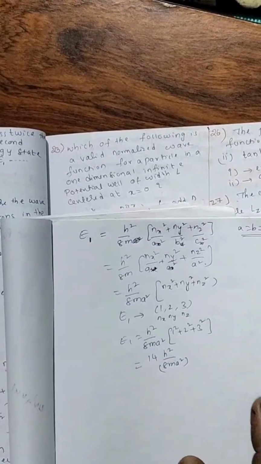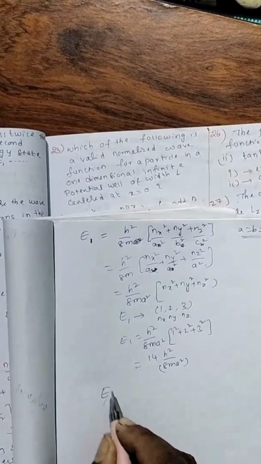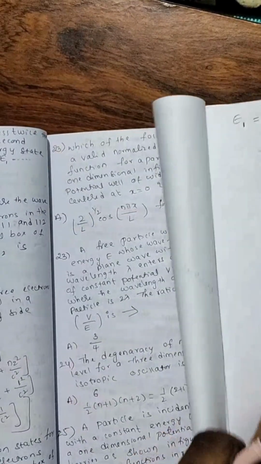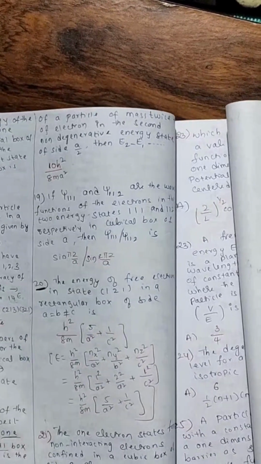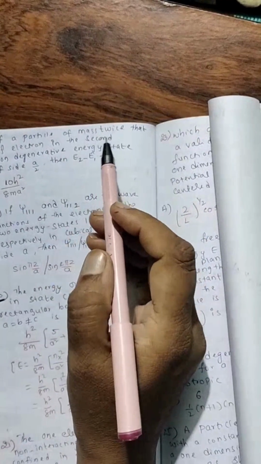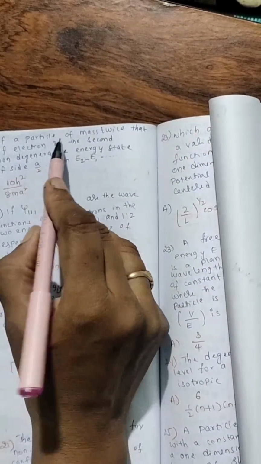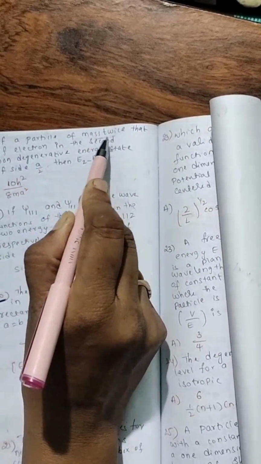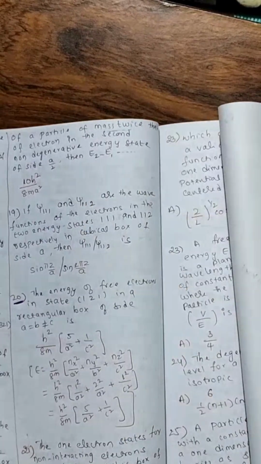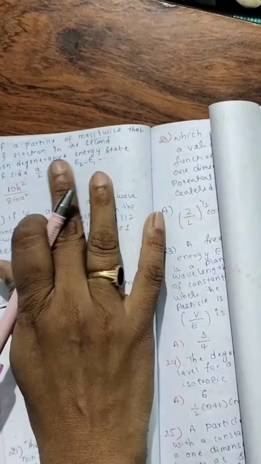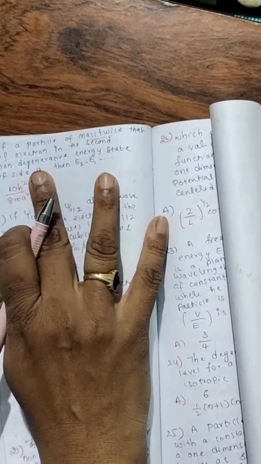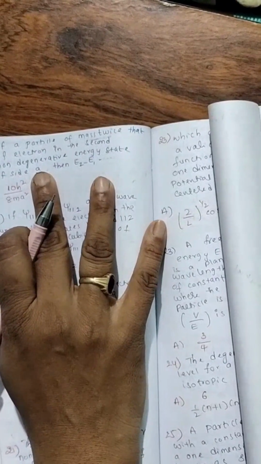Now, next, let us go for E2. What conditions did he give for E2? E2 is the energy of a particle of mass twice that of the electron, so m becomes 2m, in the second non-degenerate energy state, he said.